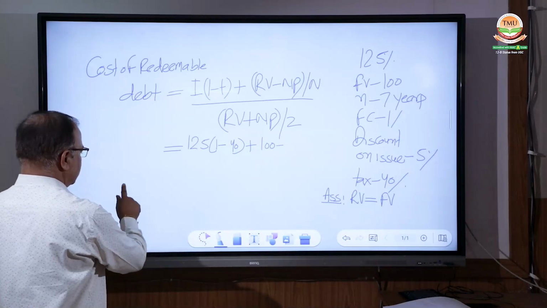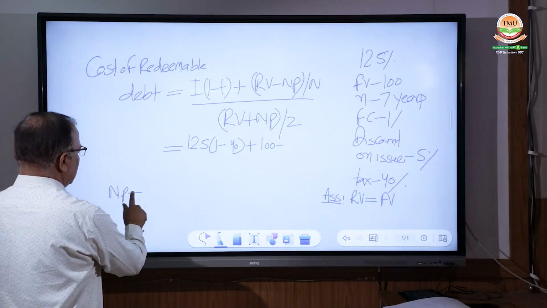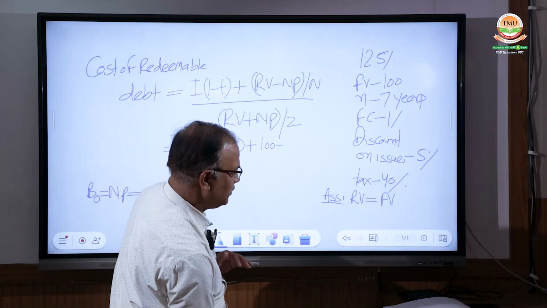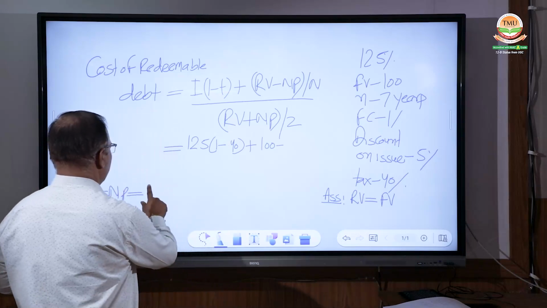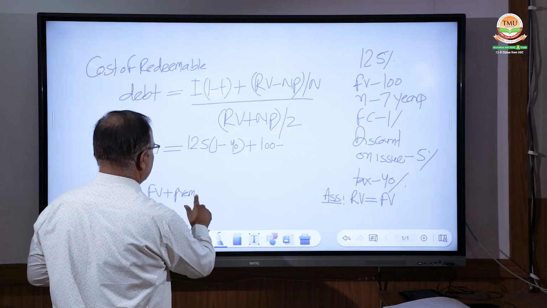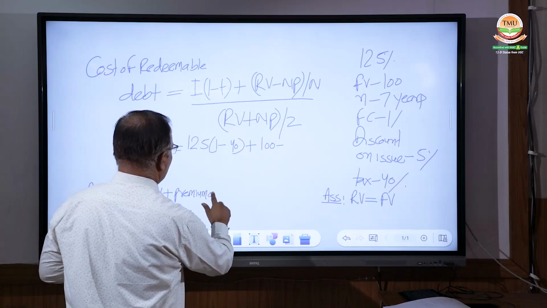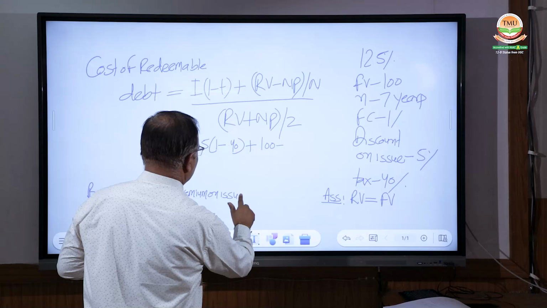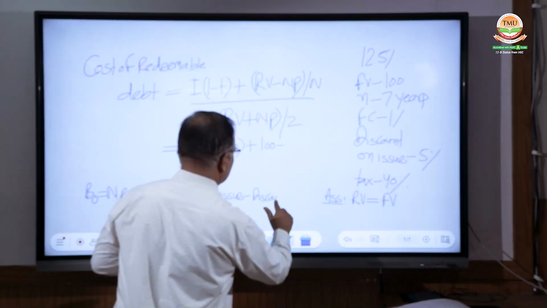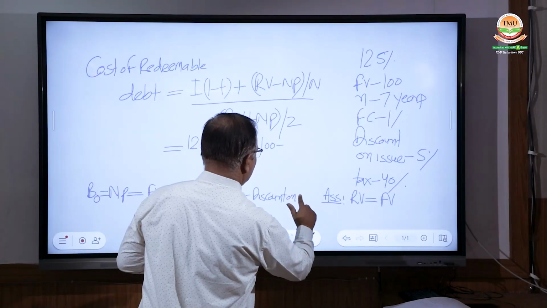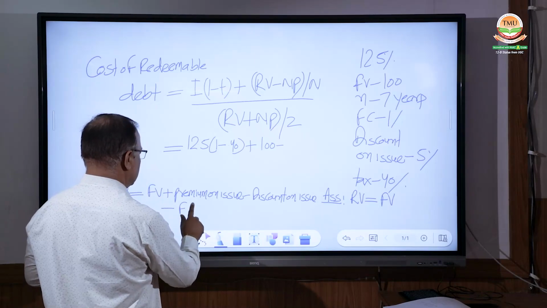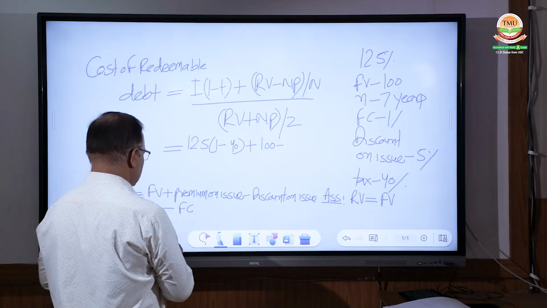Net proceed means, this is the formula of net proceed. Net proceed is equal to face value plus premium on issue minus discount on issue minus flotation cost.